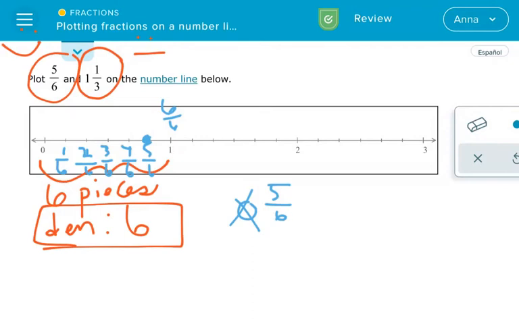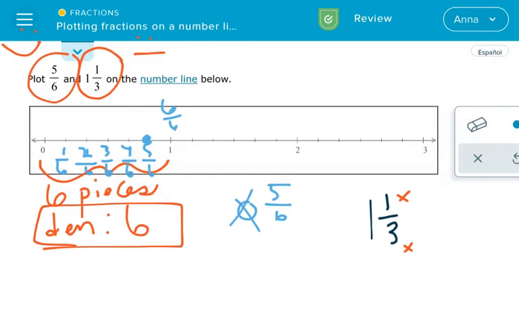Now, the second fraction, 1 1/3, has a denominator of 3, which is a problem because it doesn't match our number line. But remember, we can find an equivalent fraction to 1/3 that matches the number line by figuring out, well, what do I have to multiply the denominator by to get the 3 to match a 6?